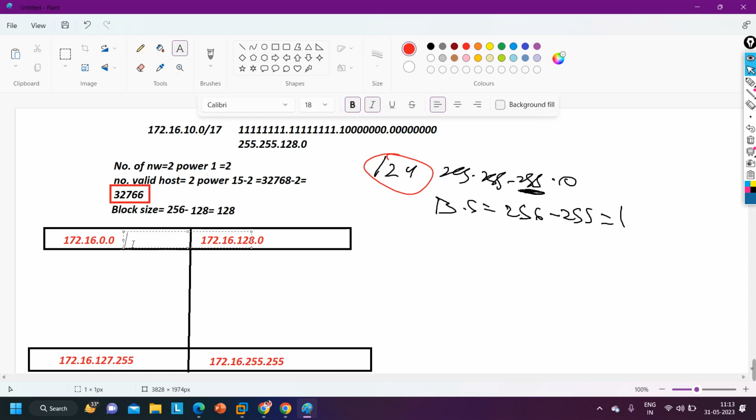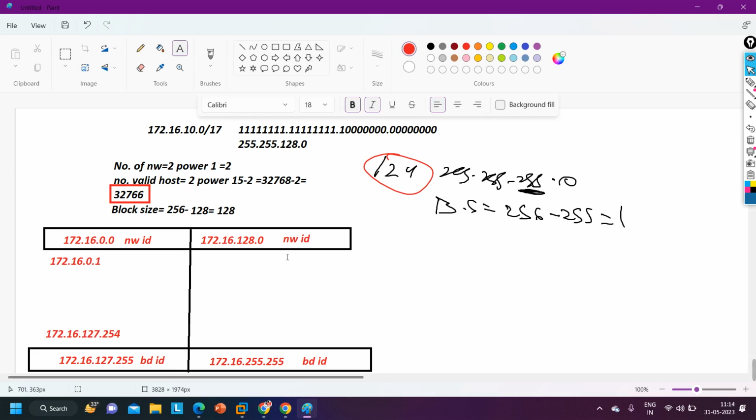This is your network ID. This one is your broadcast ID. This one is also your network ID. And this one is your broadcast ID. The first valid IP address will be 172.16.0.1 and the last valid IP address will be 172.16.127.254.